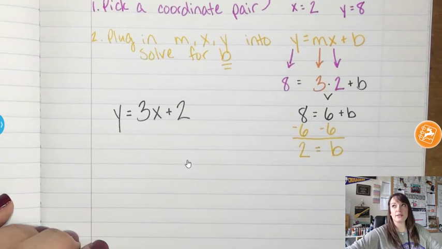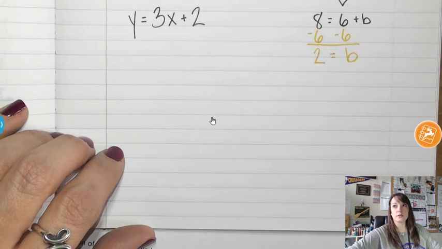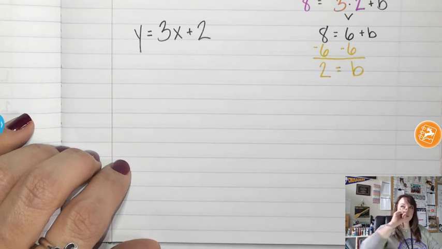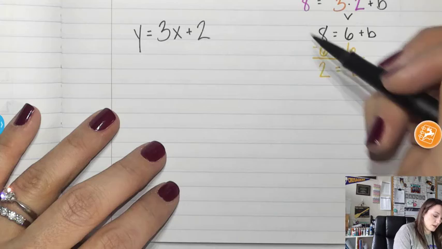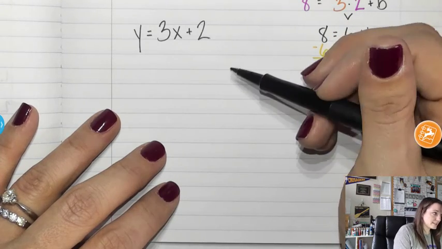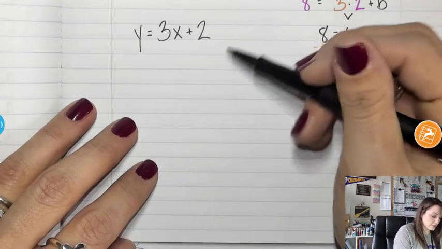Now let's graph it without looking at the coordinates. This part's easy. I really like this part because I feel like it's just really easy. When you graph in your notebook, it doesn't have to be exact. Just know that.